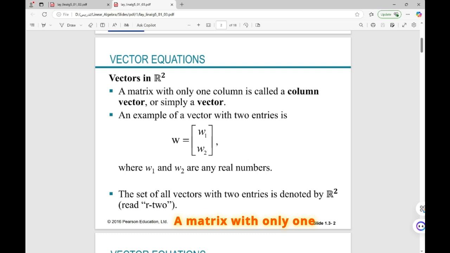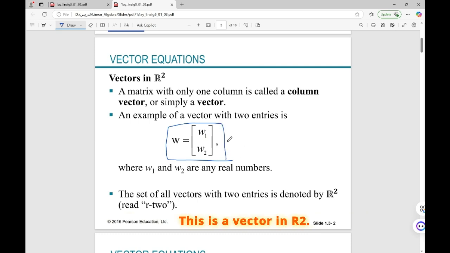A matrix with only one column is called a vector. So each vector in R2 has one column and 2 rows, something like this.